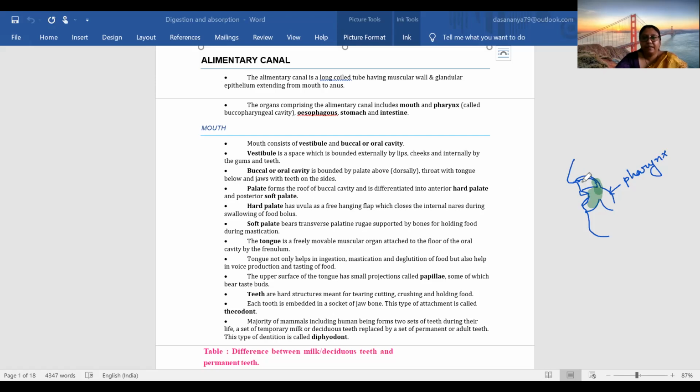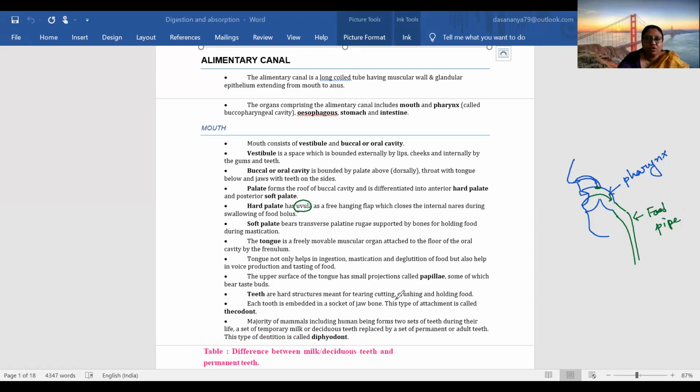So in this case, this part which is also known as uvula will just close the nasal passage. It's a flap that will close the nasal passage so that food can directly go to the pharynx and then to the food pipe, not to the windpipe.